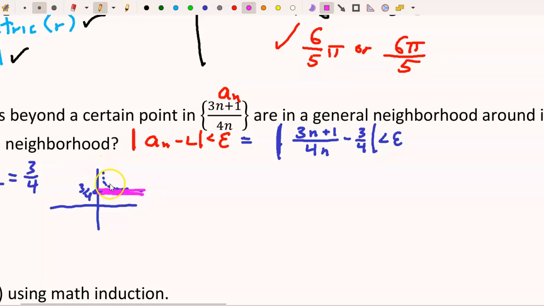So it's going to take a while for it to get there, that's my guess. And it can technically come from the top or the bottom, but we can see it's going to come from the top, but we're going to write it out. So it could be negative epsilon down there at the bottom. And at the same time, I'm going to be simplifying this. So it's 3/4, but I need a common denominator. We got n, and this is 4, so I just need an n top and bottom.